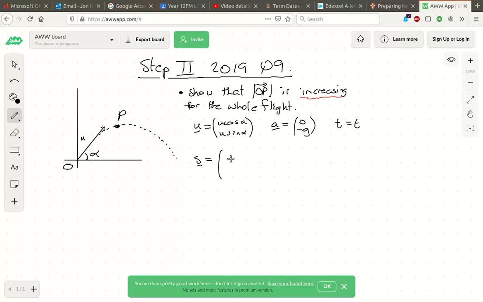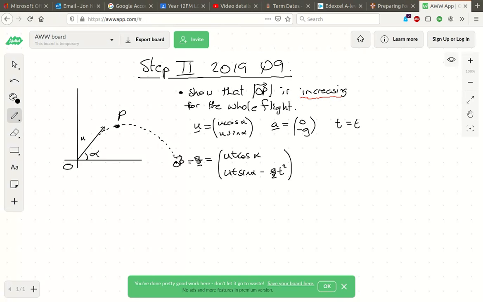So it's going to be ut cos alpha for the x component. If you're used to resolving horizontally and vertically, that is just a horizontal component, and it's constant velocity. And the vertical component is going to be ut sine alpha minus g over 2 t squared. And that is the vector OP.